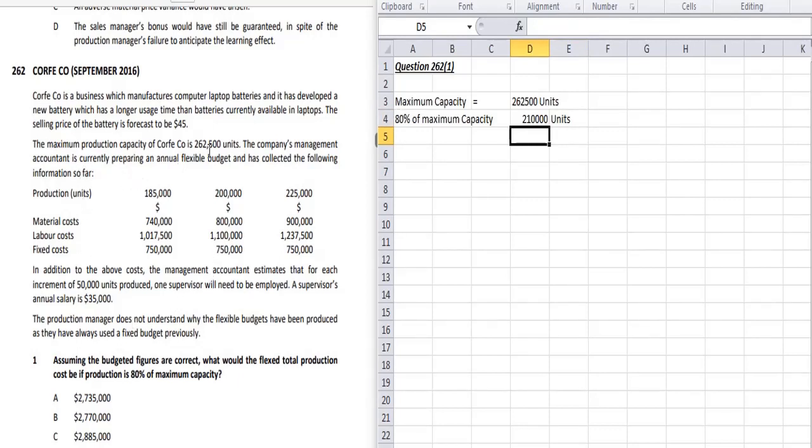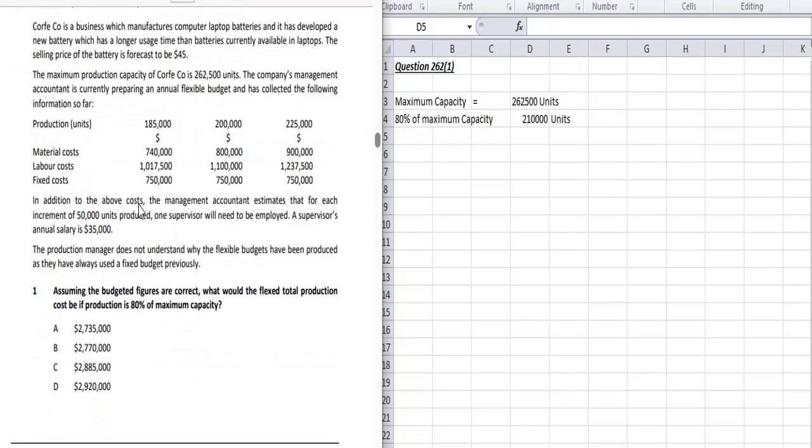So moving ahead, the company's management accountant is currently preparing an annual flexible budget and has collected the following information so far. We are given different levels of production units like 185,000, 200,000, 225,000, and their relevant costs are also given, like material cost, labor cost, and fixed cost. In addition to the above costs, the management accountant estimates that for each increment of 50,000 units produced, one supervisor will need to be employed, and the supervisor's annual salary is 35,000.